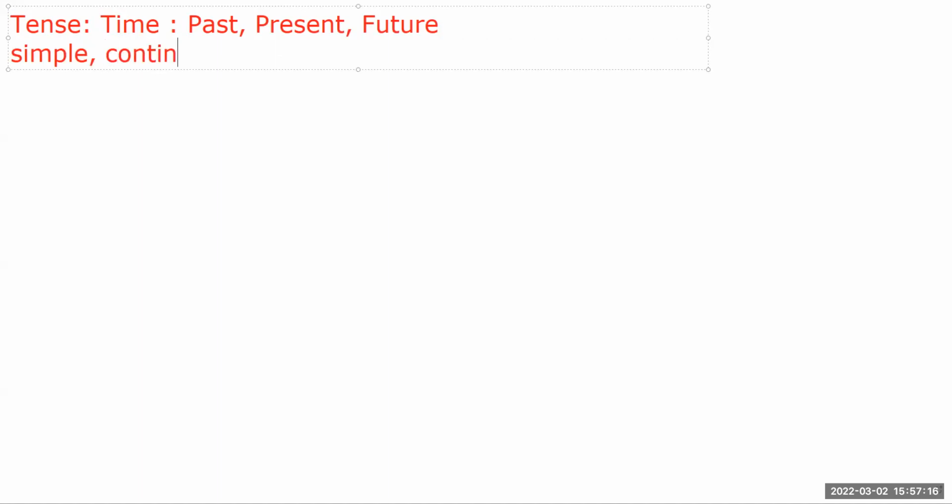Based on that, we get three types: past, present, and future. Based on these three types, we have subtypes: there are three simple tenses, then continuous, then perfect, then perfect continuous.